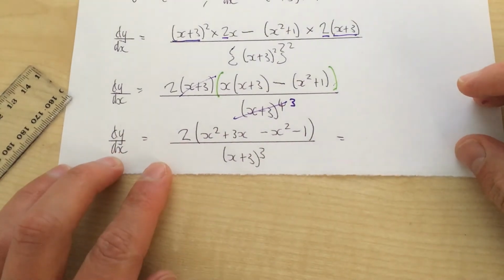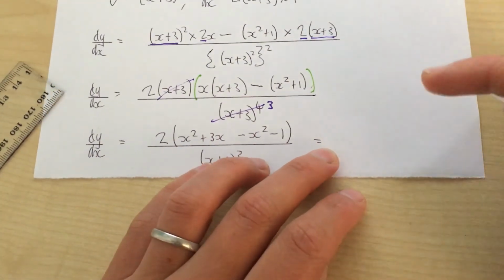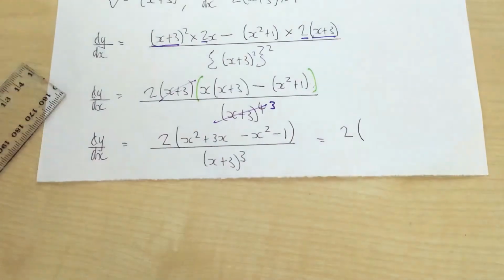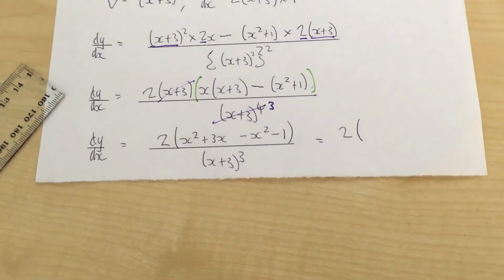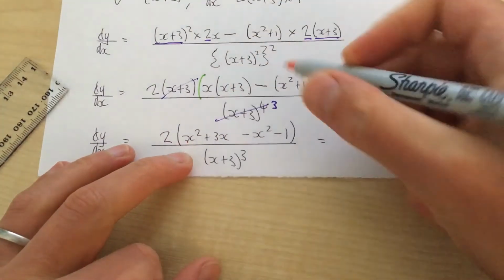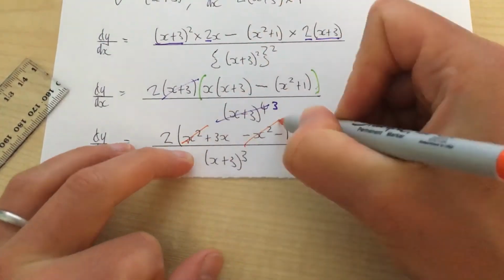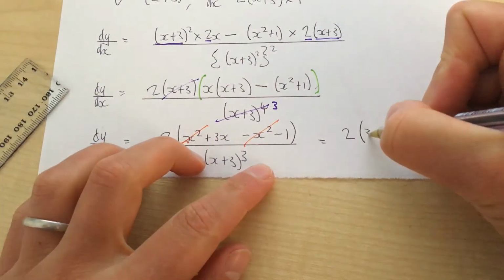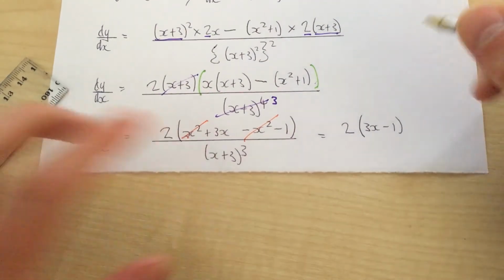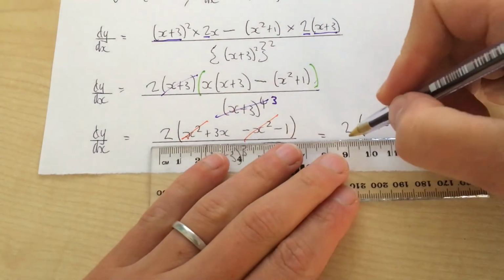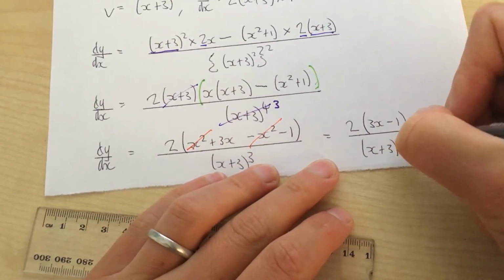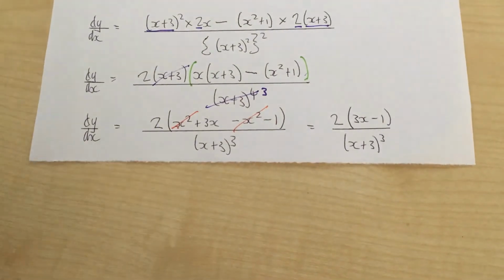Now this dy by dx, the derivative of the original function, will be 2 brackets, and if we just look at this, we've got an x squared here minus an x squared here, so they cancel, and we're just left with 3x minus 1 as the numerator, and the denominator is the cube of x plus 3.